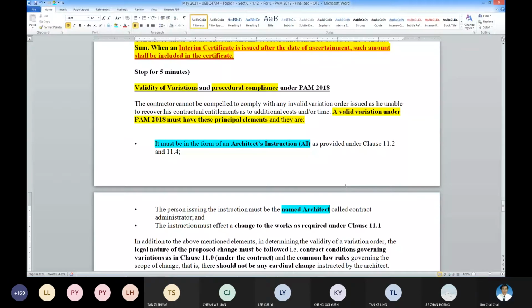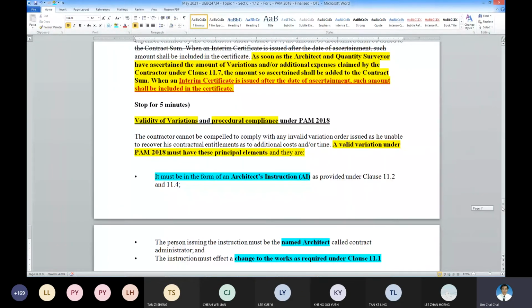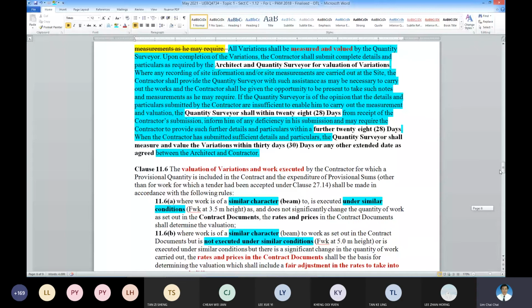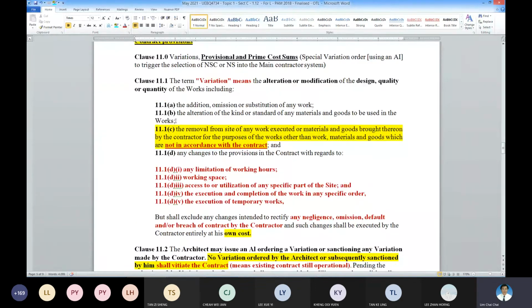And then you have to be compliant with your clause 11.1. Under which part of 11.1, you need to state whether it's 11.1 A, B, C, D, and so on. So the architect will quote this type of supporting clause, empowering the architect to do so.